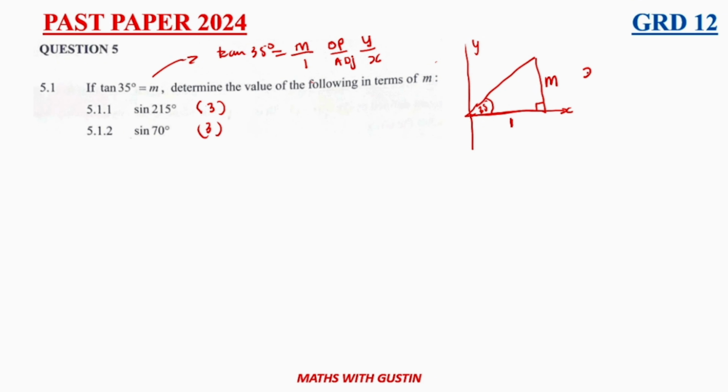We apply the Pythagoras theorem, which states that x squared plus y squared is equal to r squared. We already know x is 1, so 1 squared plus y, which is m squared, is equal to r squared. Therefore r is equal to the square root of m squared plus 1.